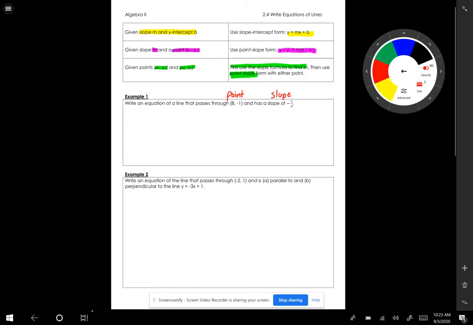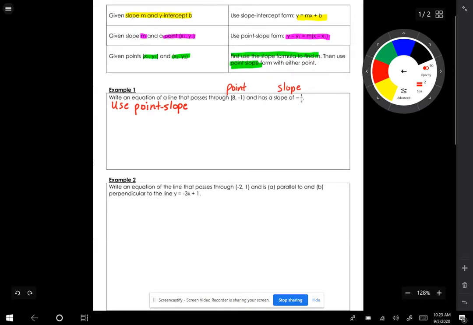I'm going to write down the formula, y minus y1 equals m times x minus x1.